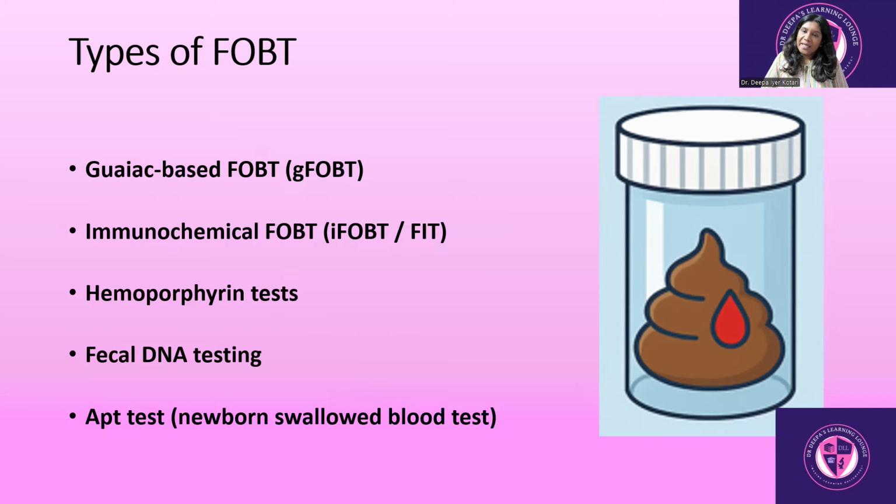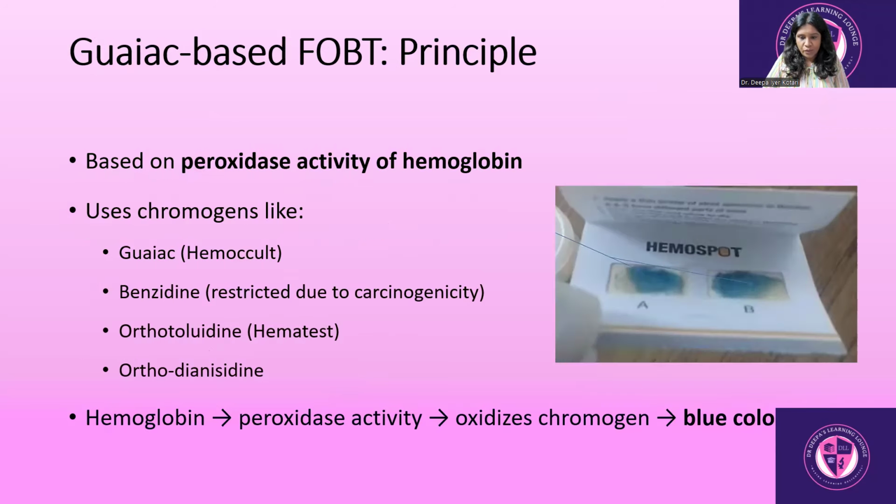The fecal DNA testing is the latest technology that is available right now, which basically looks at the DNA mutations that are shared by the cancer cells. In newborn, there is another testing called the Apt test, which is a newborn swallowed blood test. This basically distinguishes between the maternal blood swallowed and the fetal blood swallowed. All of these tests are something we will be discussing today.